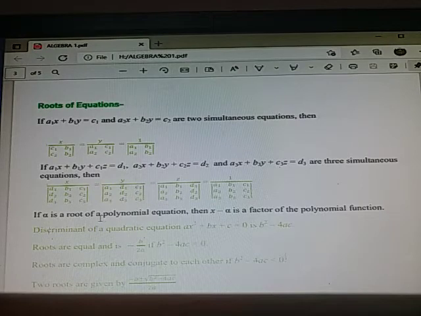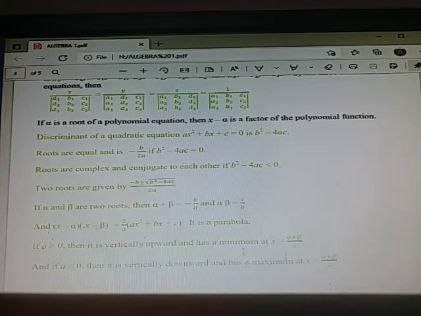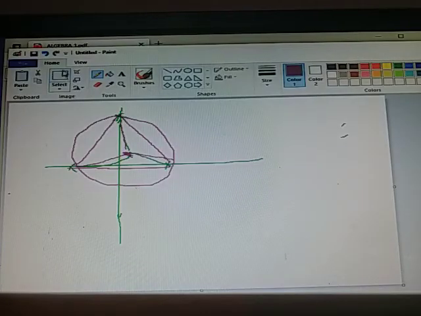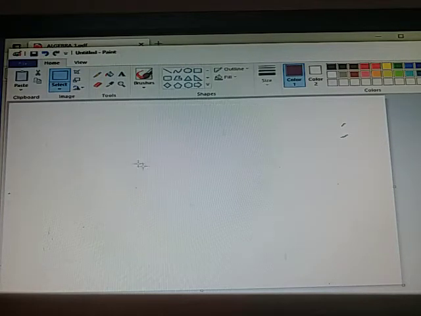Then for the quadratic equation, I am reminding you, or any polynomial equation: if alpha is a root, then x minus alpha is a factor, x minus alpha divides the polynomial function. Suppose we are considering x cube minus 1.